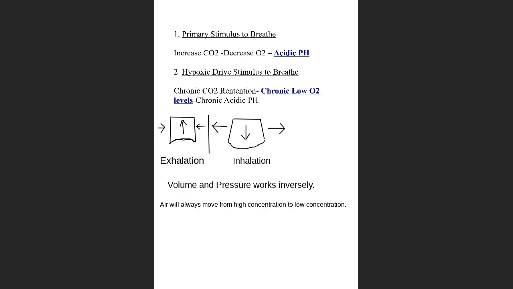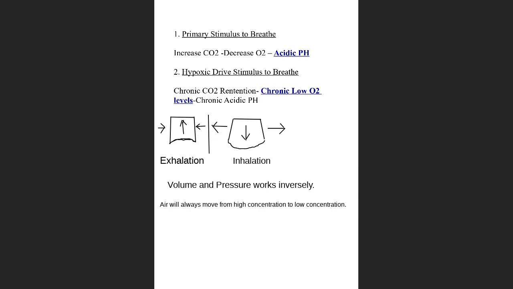So that's the main difference between the primary stimulus to breathe and the hypoxic drive. The primary stimulus to breathe responds to acidity of the pH within the cerebrospinal fluid, and the pH becoming more acidic is as a result of increased CO2 in the body.